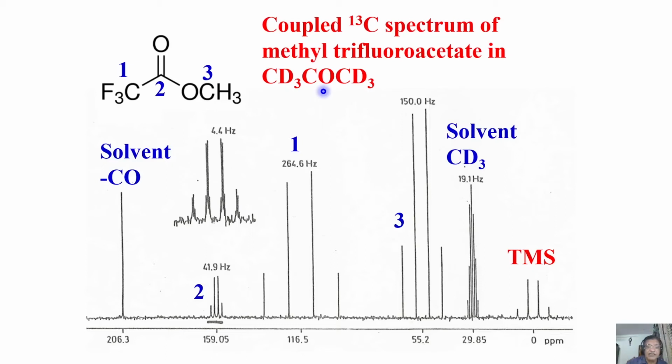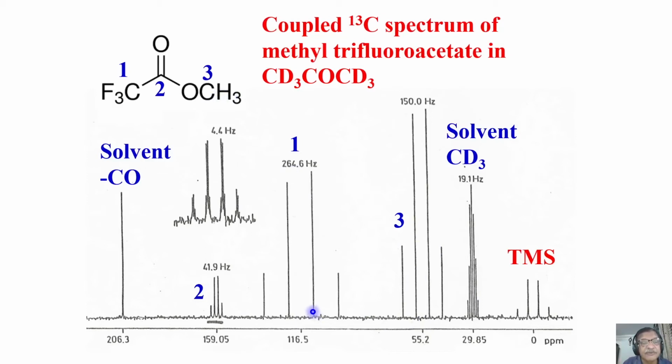This is the advantage of the coupled spectrum. Just to give you an idea, I wanted to show how we can make the assignment with a coupled spectrum also. Supposing I were doing a completely broadband decoupled spectrum, what would you have got? A singlet here, singlet here, singlet here, singlet here. Then our confusion would be, which singlet is coming downfield, and we would not know whether this is the CH3 carbon or the CF3 carbon.